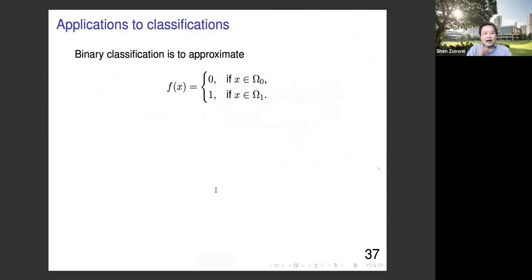Another thing: for supervised learning, I think one of the biggest successes is classification. For classification, it's very simple. For example, you want to approximate a function on two domains, omega 0 and omega 1, for binary classification.